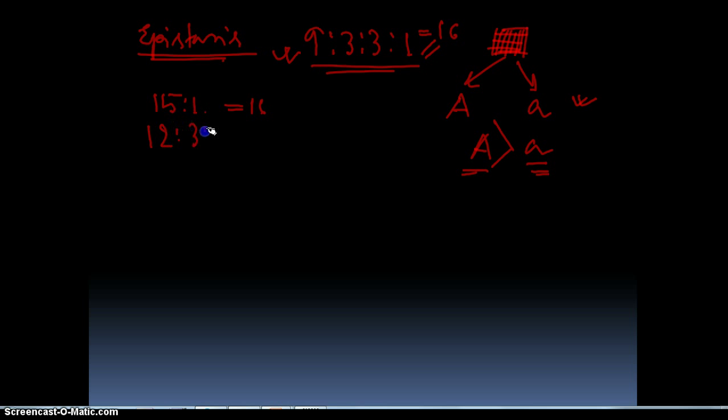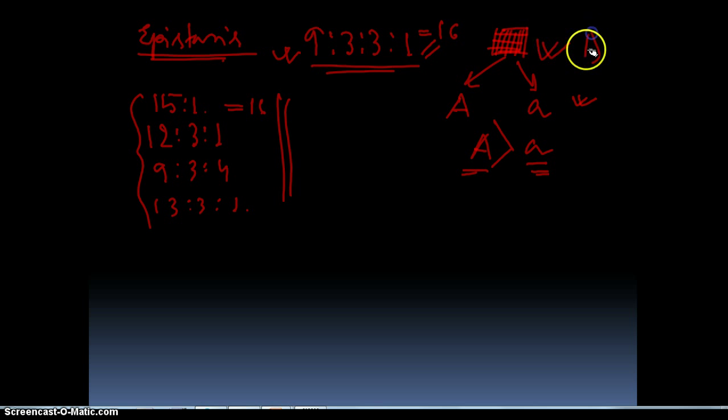Sometimes it was 12:3:1, sometimes 9:3:4, sometimes 13:3:1. So there were different kinds of ratios that the scientists were getting, and with time they understood that there was not only a single gene involved, but some characters were controlled by more than one gene. So here came the concept of epistasis.